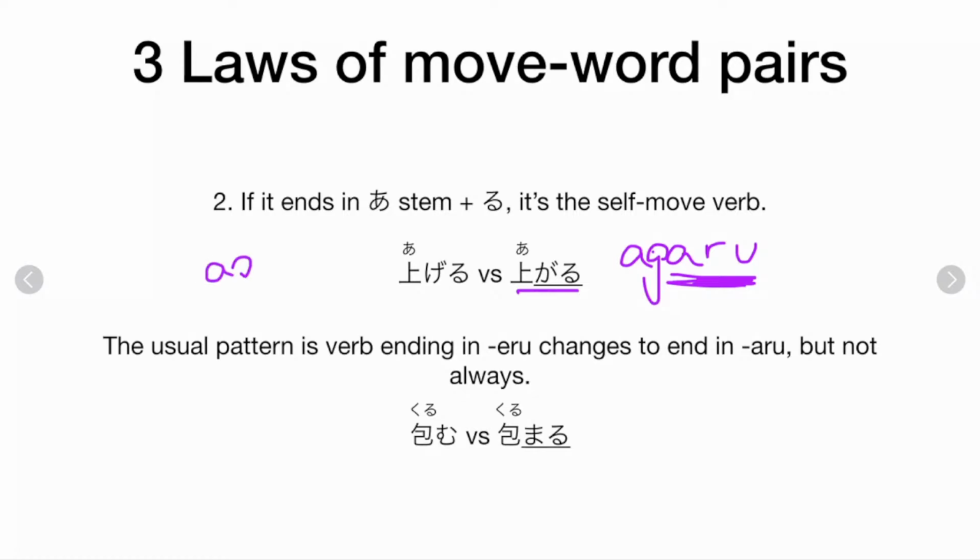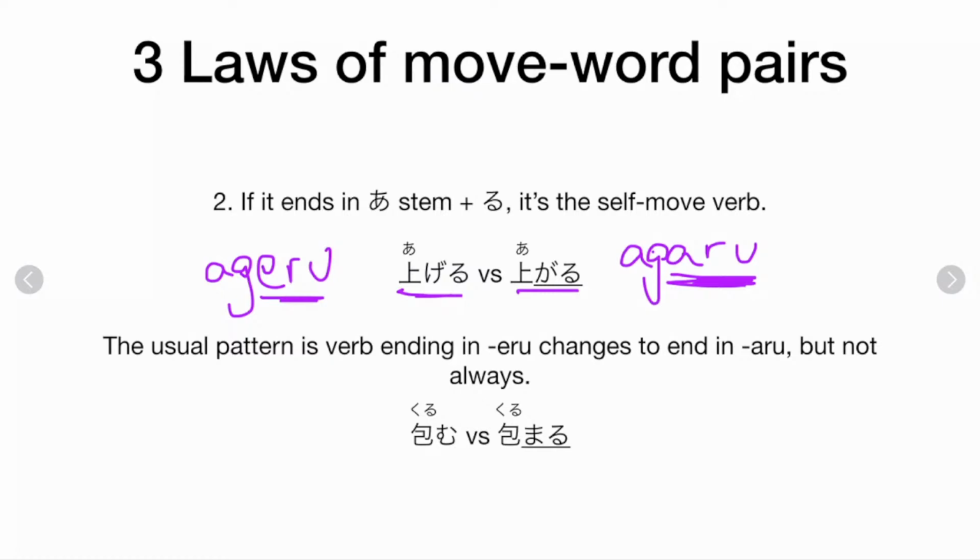So ageru. And that's this. So agaru is self move and it is to rise up. Ageru is other move and it is to raise something.